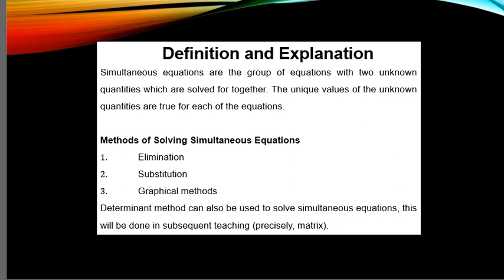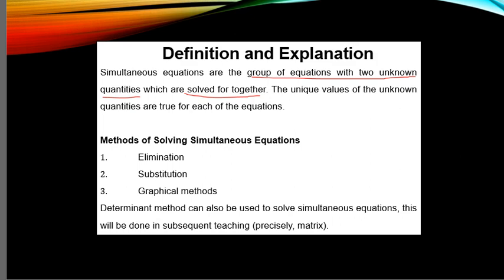Definition and explanation. Simultaneous equations are a group of equations with two unknown quantities or variables which are solved for together. So what that means is that if there are two unknown quantities, we have a pair of equations that you solve together.